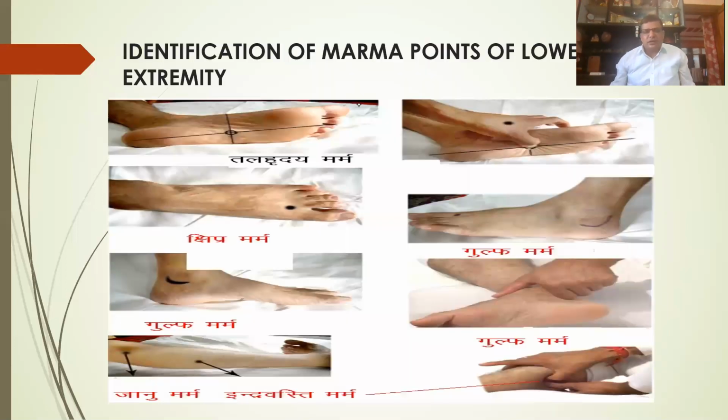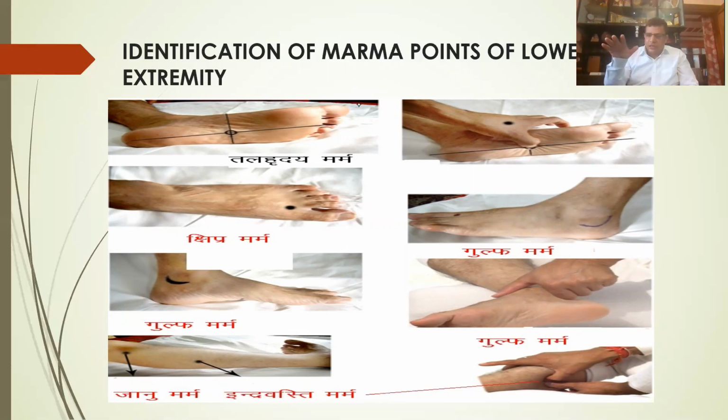So now I just give an example of the identification of Marma points of the lower extremity. I already explained the Marma points of the upper extremity. Same in the lower extremity. There is a Talhridaya Marma in the sole, and you can stimulate it by identifying this Marma point. Here is Kshipra, and in the lower limb also there is a Kshipra Marma.